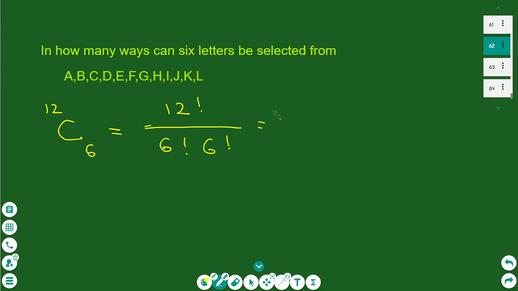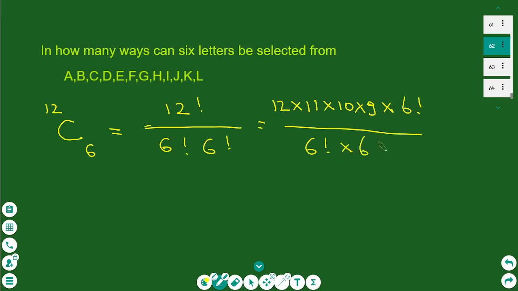The 12 factorial can be written as 12 times 11 times 10 times 9 times 8 times 7 times 6 factorial, over 6 factorial times 6 factorial. The 6 factorials cancel out, and then doing the calculations gives us 924 combinations.